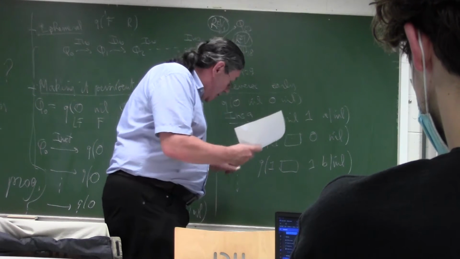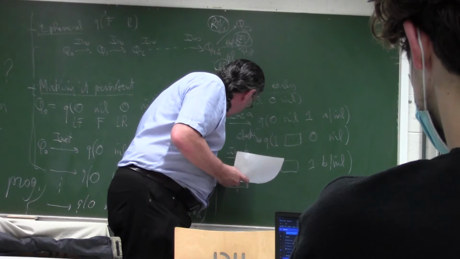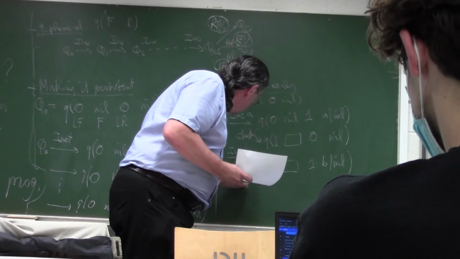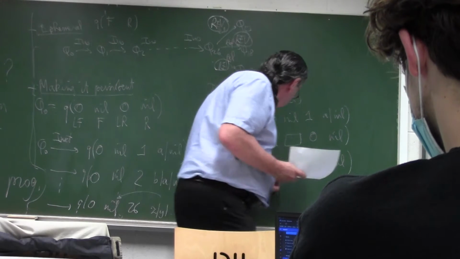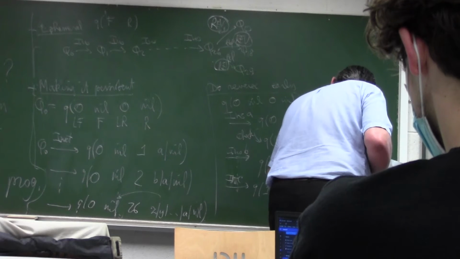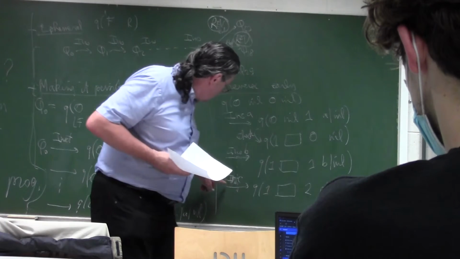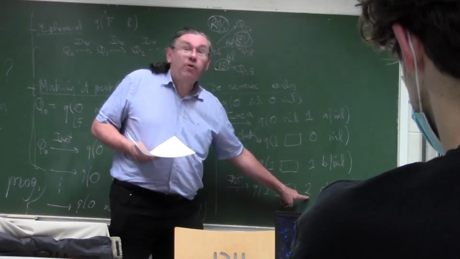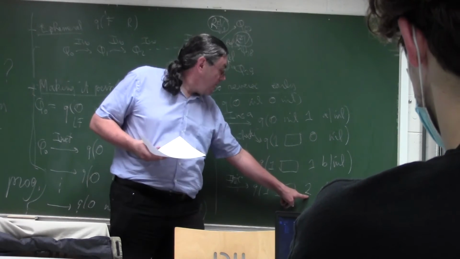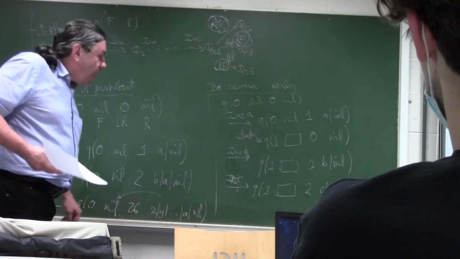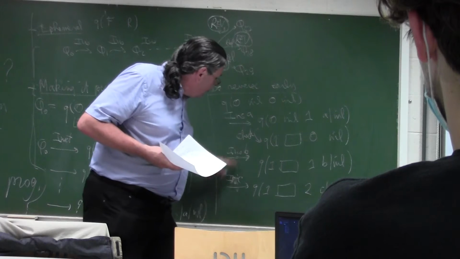So the idea is, let's say I do now another insert. You see what happens when I do another insert: this number will increase. I want to decide when I do the reverses.